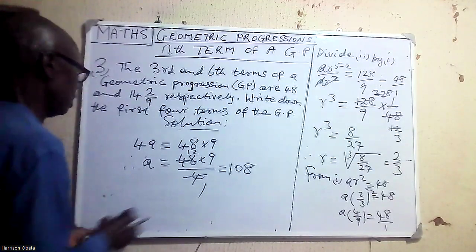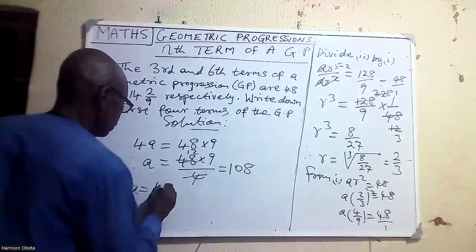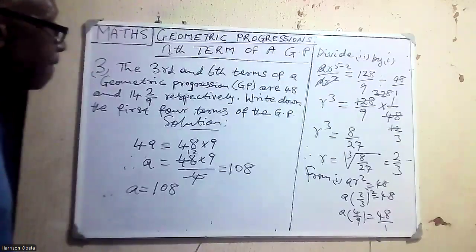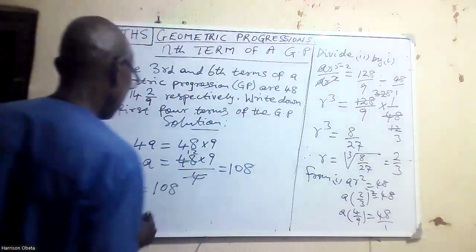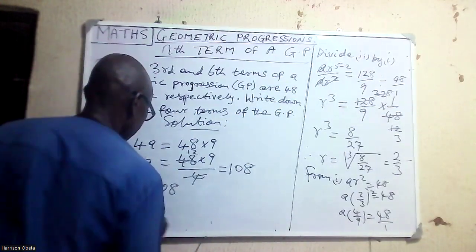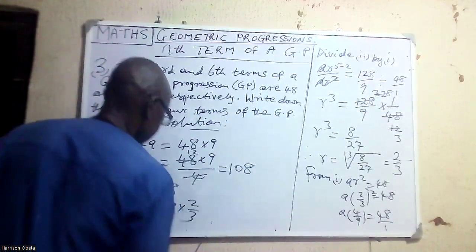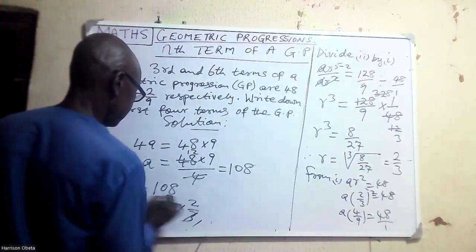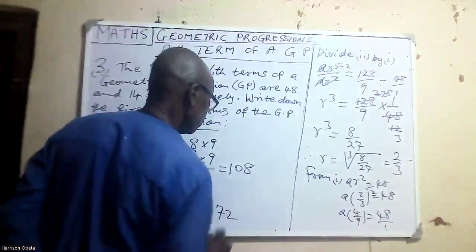To list the GP, we have A is equal to 108. It means that we have to keep on multiplying by the common ratio, because our common ratio is 2 over 3. So the second value, AR, should be 108 multiplied by 2 over 3. That is 36, multiplied out, that's 72.